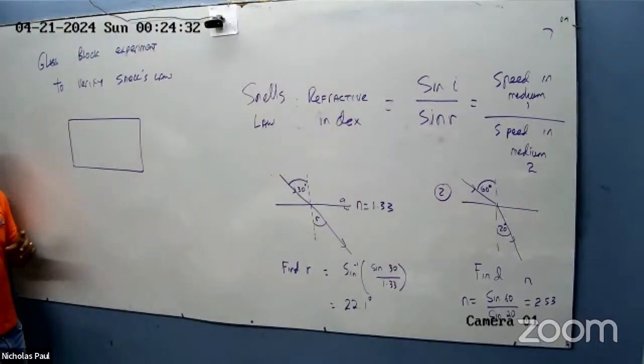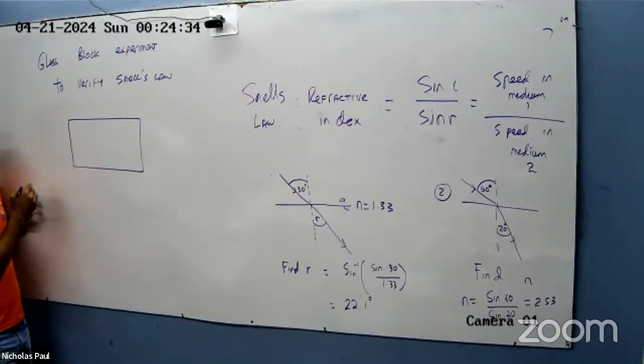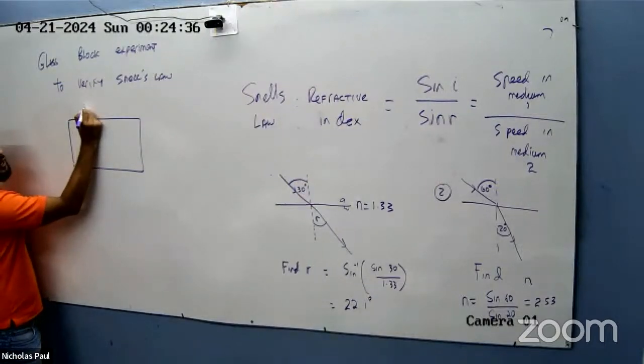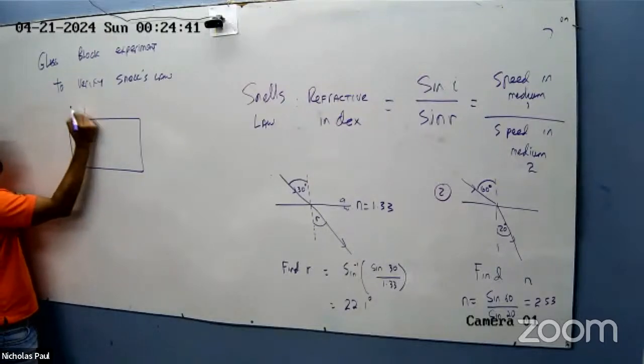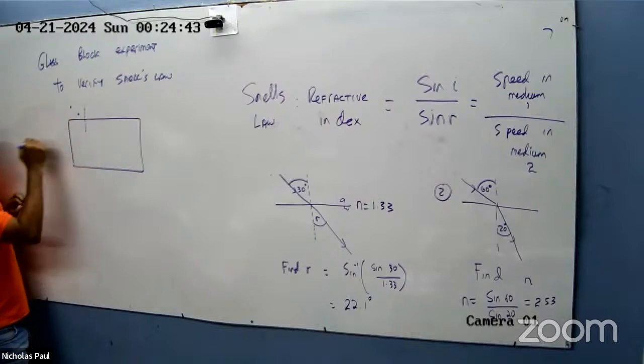So here's what they did. You might do this in the lab. You will draw a little normal and take two pins, pin one and pin two, and connect them up.